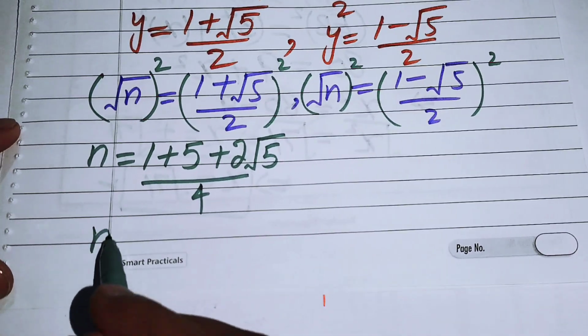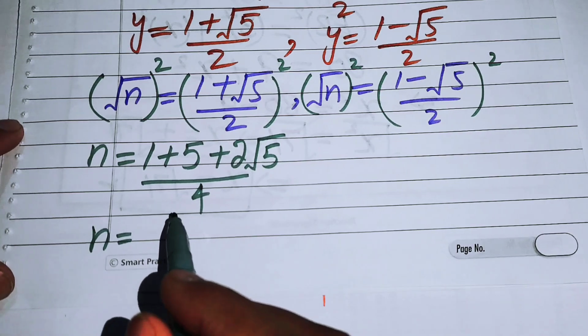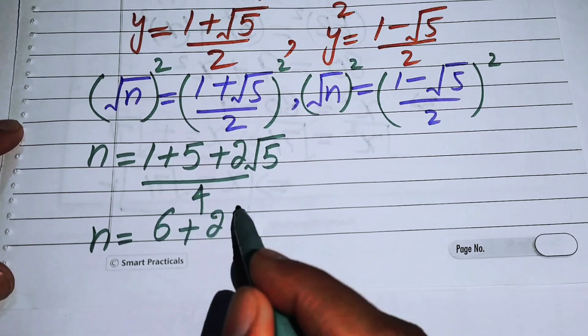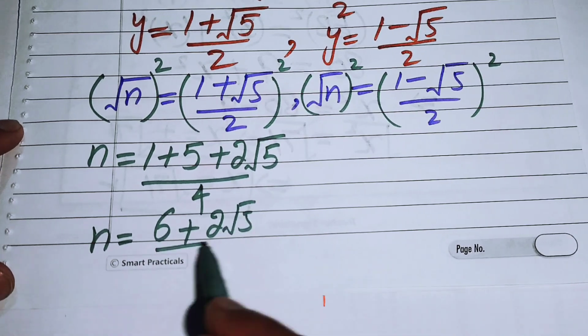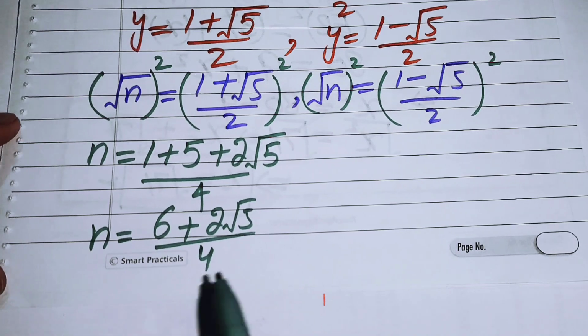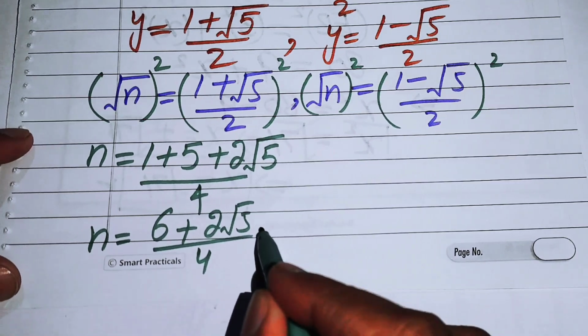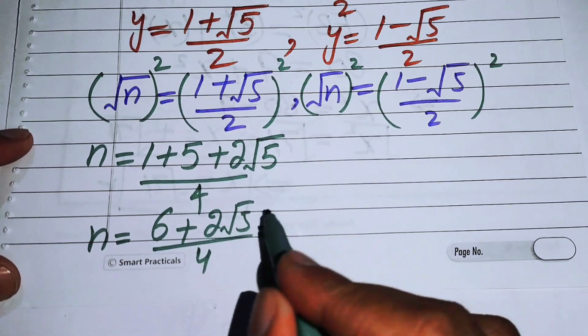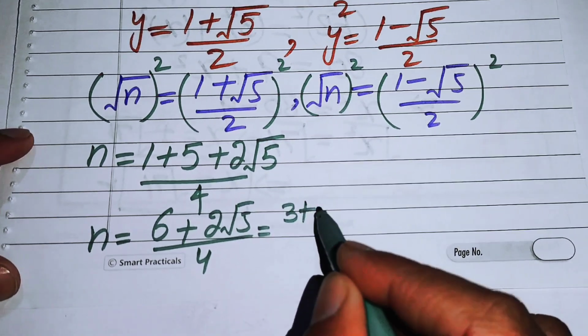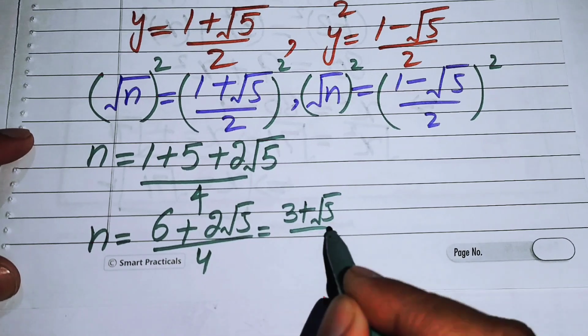And you will obtain the value of n is 5 plus 1 is 6 plus 2 times square root of 5 over 4, and after some simplification you will get the root of this equation is 3 plus square root of 5 over 2.